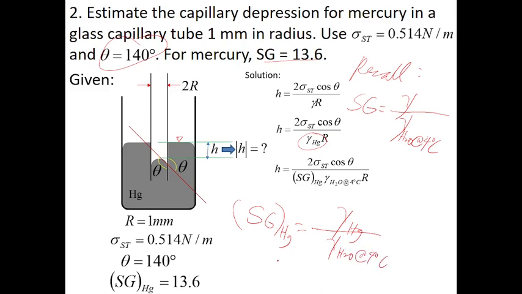We just multiply the specific gravity of mercury and the unit weight of water at 4 degrees Celsius to get the unit weight of mercury. Then we multiply it by the radius of the tube.